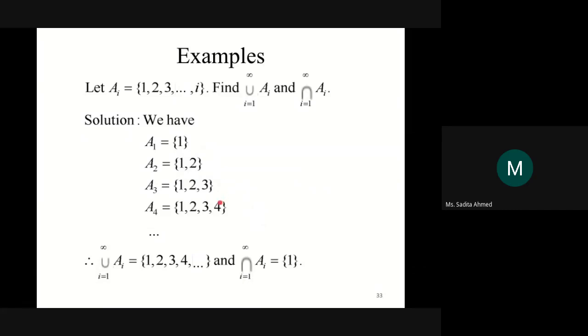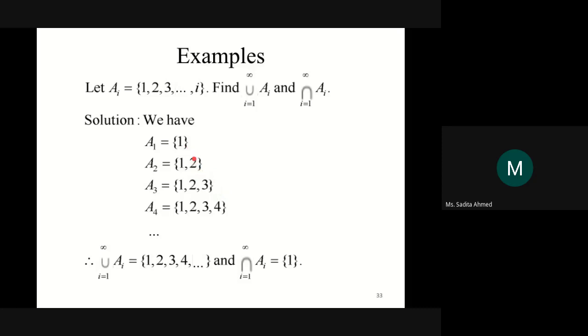So in A4 you have one more element here, 4, but is it there in the previous sets? No. And if it's not there in the previous set, can we put it in the generalized intersection? No, ma'am, we cannot. 3 here is not there in the previous sets. We cannot put 3 in the generalized intersection either. 2 here is not in the previous set.